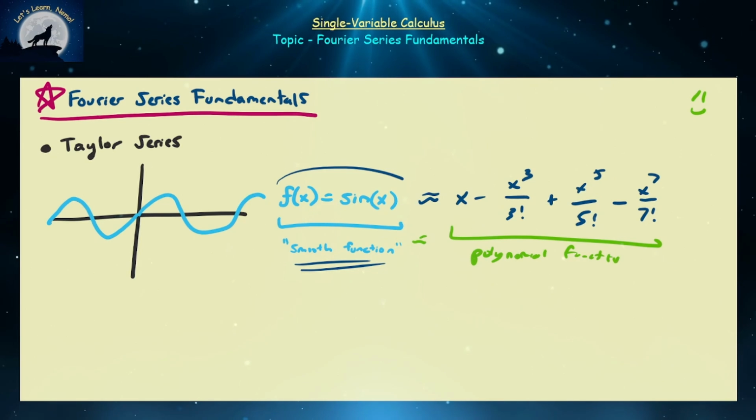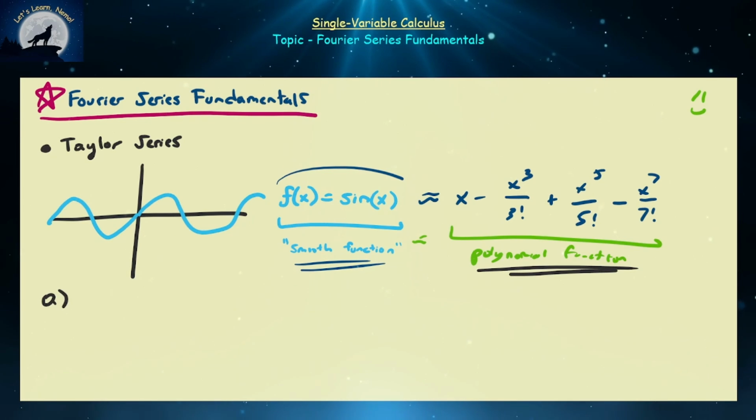And in particular, I'm just using sine, which is a periodic function, but there are several other functions, for example, e to the x, that also have a nice representable Taylor series as well. So instead of approximating things with polynomial functions, Fourier series seeks to answer a different question.